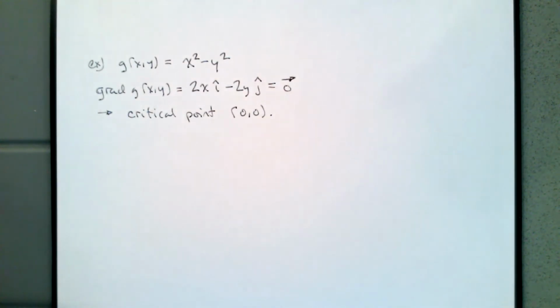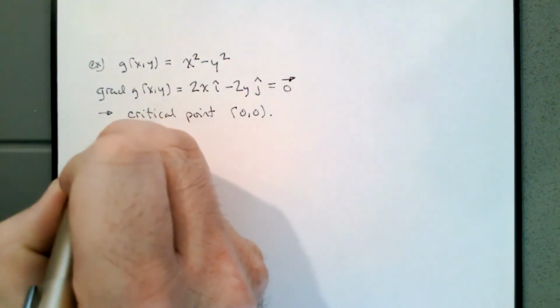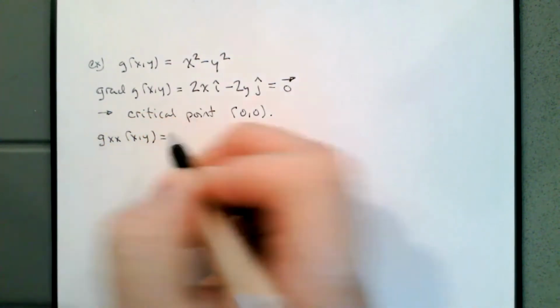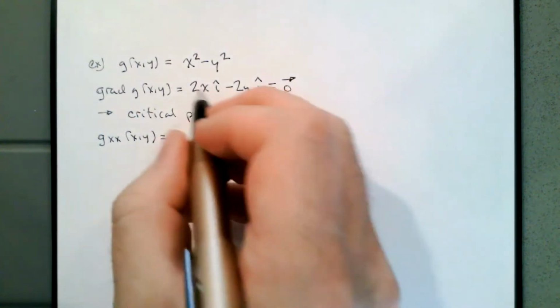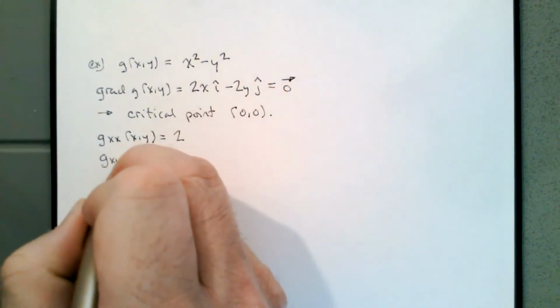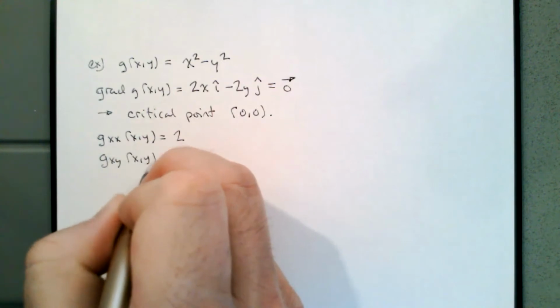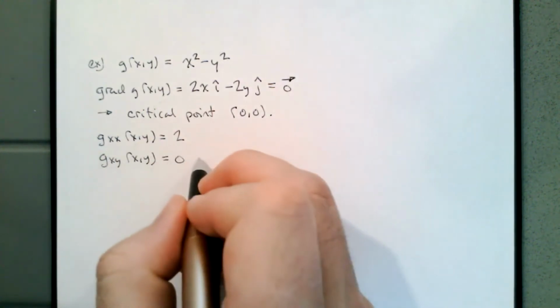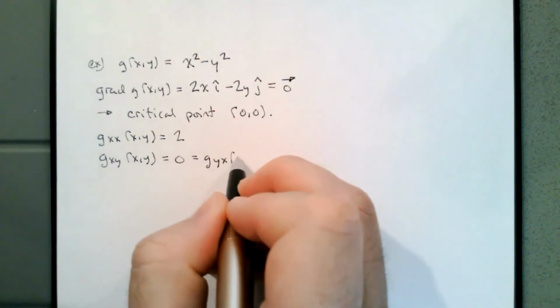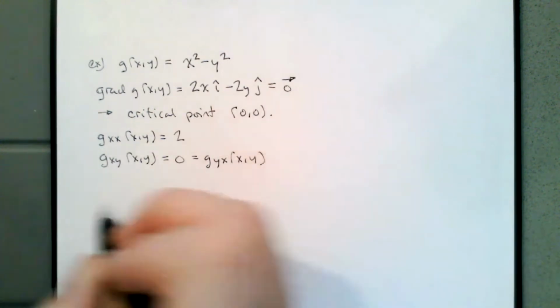If we look at our second derivatives, gxx at xy is going to be 2. gxy at xy will be 0, as will gyx at xy.